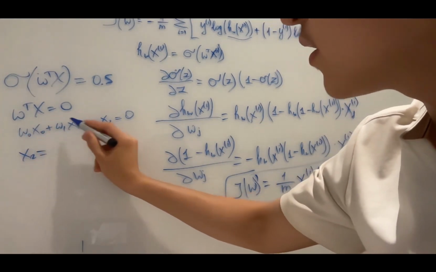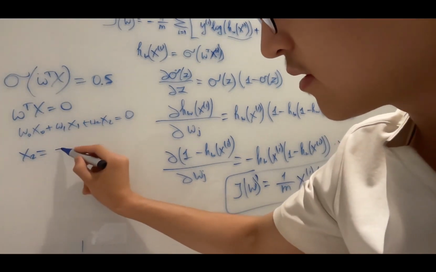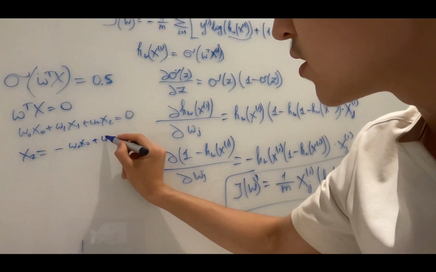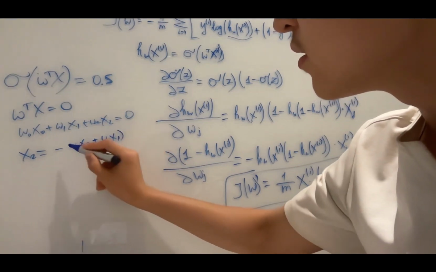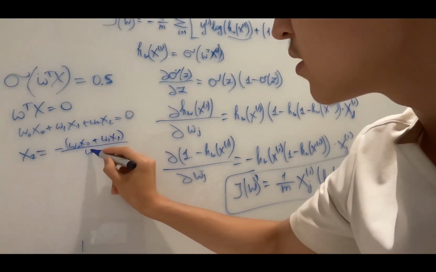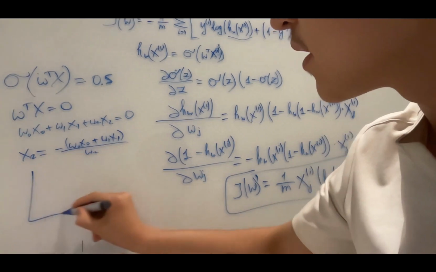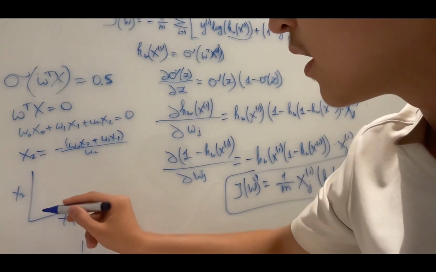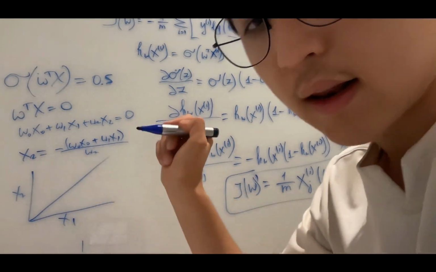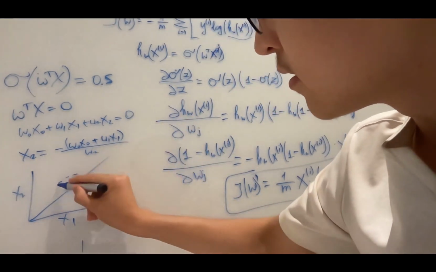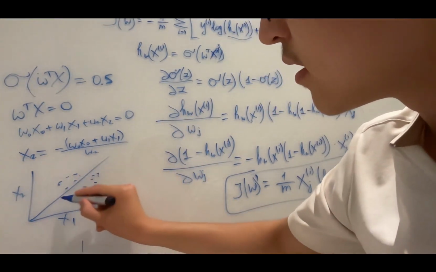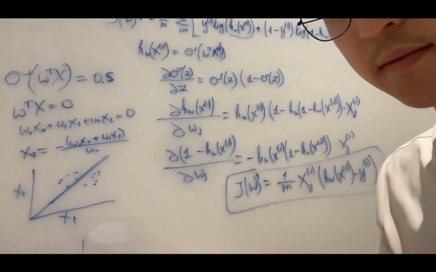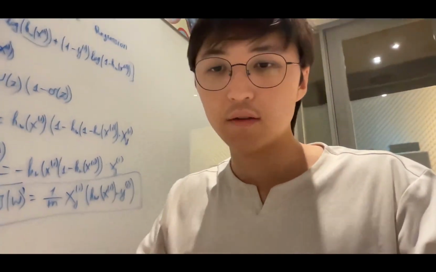I will take this one and divide by this one. It will be minus weight 0 x0 plus weight 1 x1 divided by weight 2. So by doing that, I can draw a line which differentiates the points in the graph.